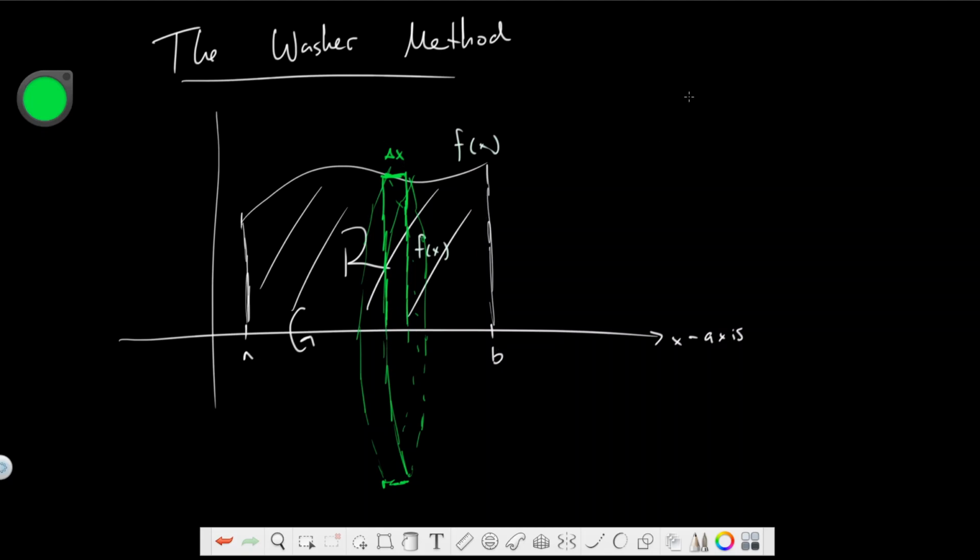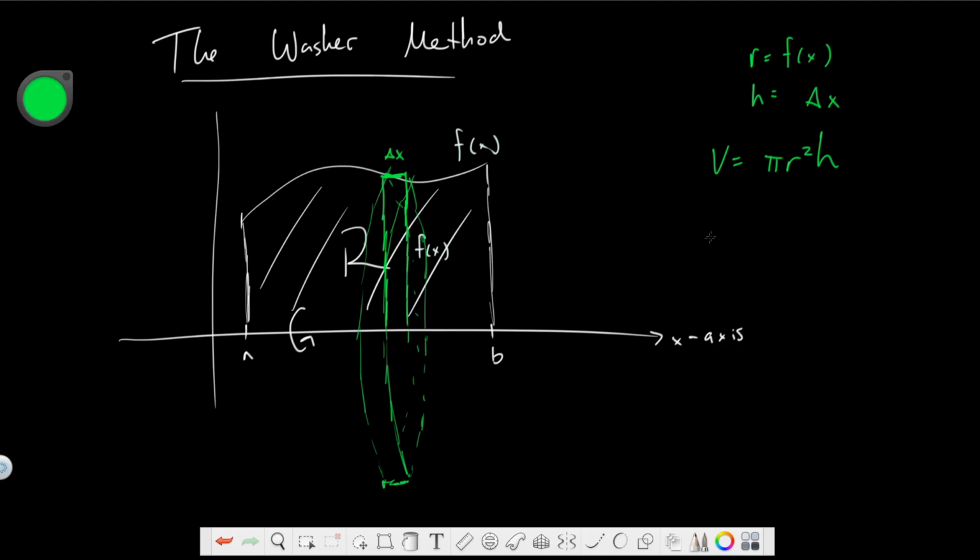Well, it is a cylinder with height delta x and radius f of x. We have height delta x, we have radius f of x. And what's the formula for a cylinder? Volume is equal to pi r squared h, the area of the circular cross-section times the height.